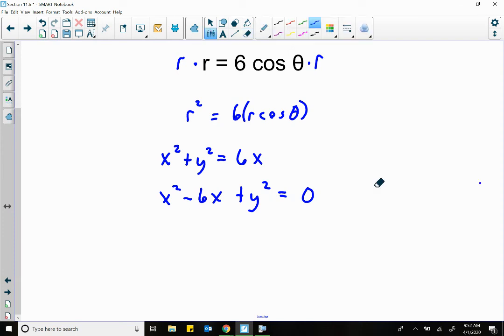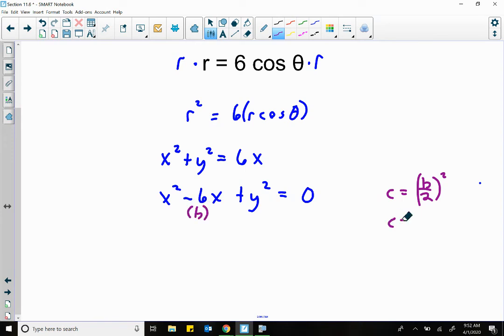Remember, in order to complete the square, we've got to find the new c. Let me go ahead and change the color since we're going to talk about this. To complete the square, we've got to find the new c, which is b over 2, and we're going to square that. So our b value in this is -6.